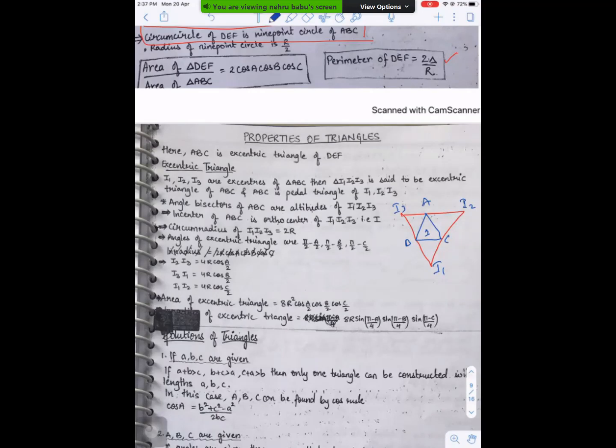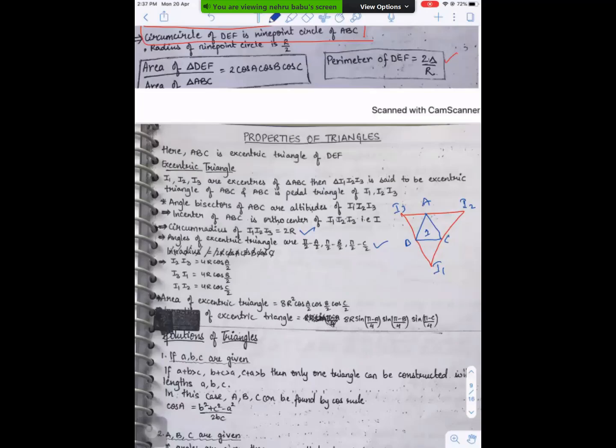Here I is the orthocenter of I1, I2, I3. I is the incenter of ABC, and it's the orthocenter for triangle I1 I2 I3. The circumradius of I1 I2 I3 is important, that is 2R, and the angles are pi by 2 minus A by 2, pi by 2 minus B by 2, pi by 2 minus C by 2.